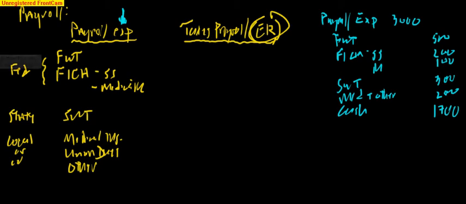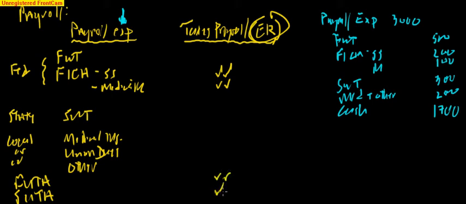And what are those taxes? They have to match Social Security. They have to match Medicare. And on top of that, they have something which is called federal unemployment tax and state unemployment tax that they pay as an expense to the company to have you on payroll.